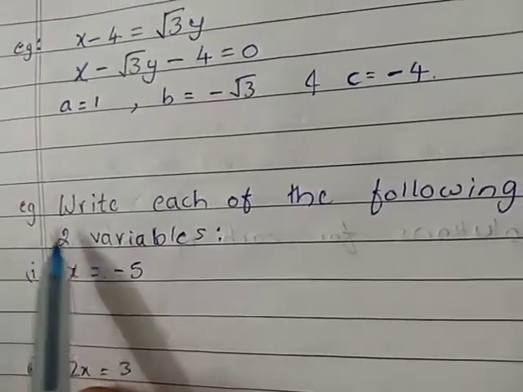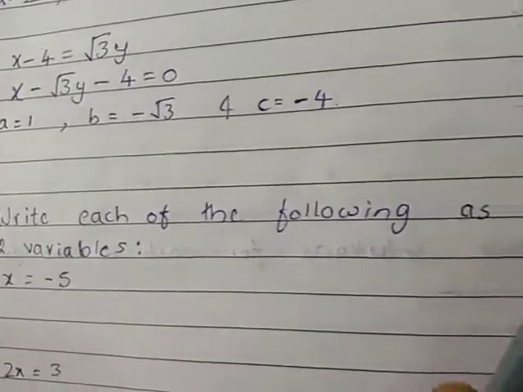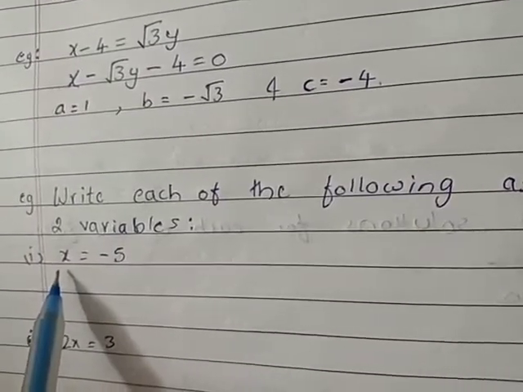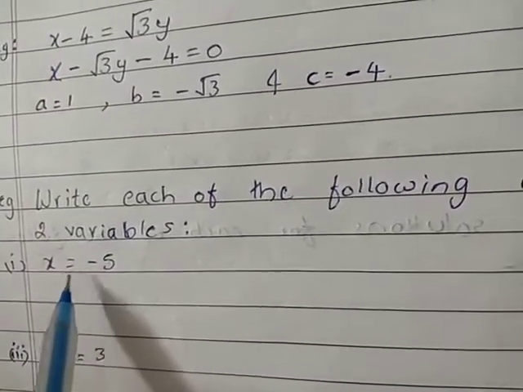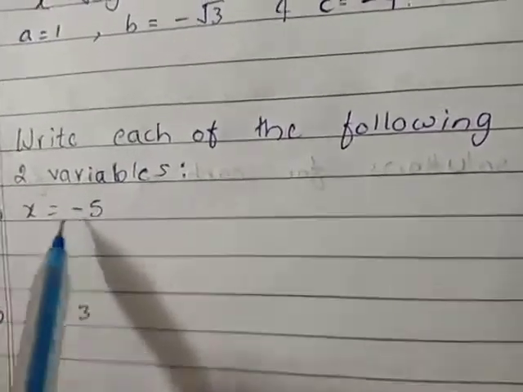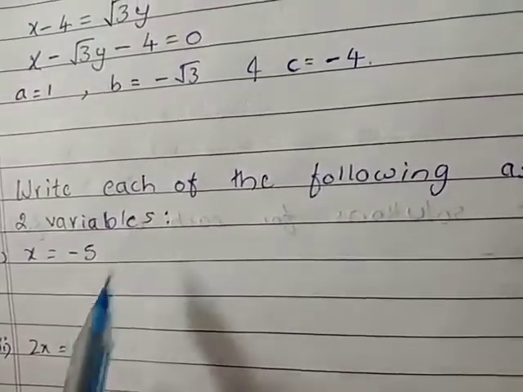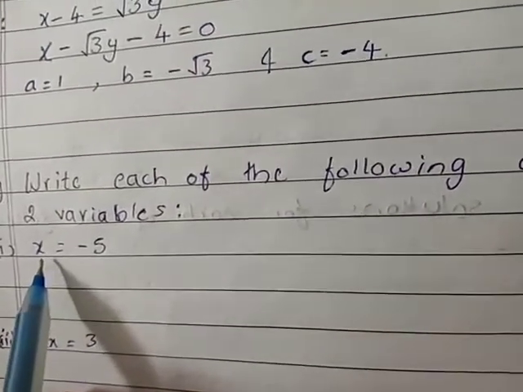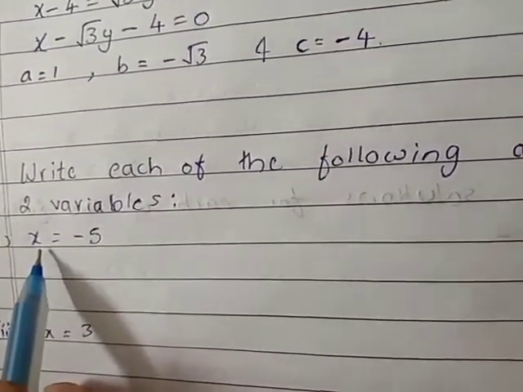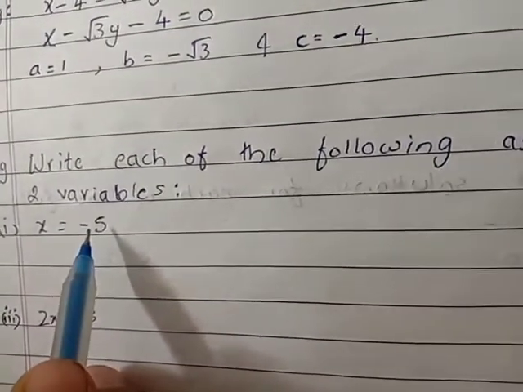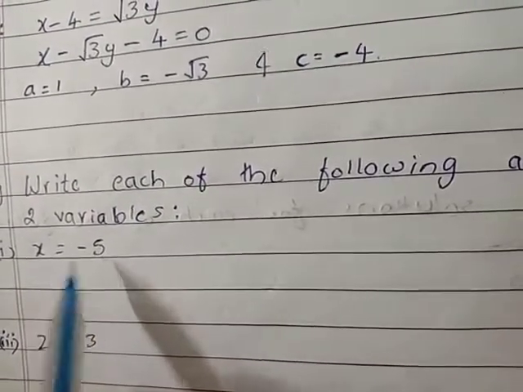Now let's solve one more example. Write each of the following as an equation in two variables. First one is x equal to minus 5. How can this be written in ax plus by plus c form? Here the value of x is given as minus 5, y is not given, so its coefficient is 0.